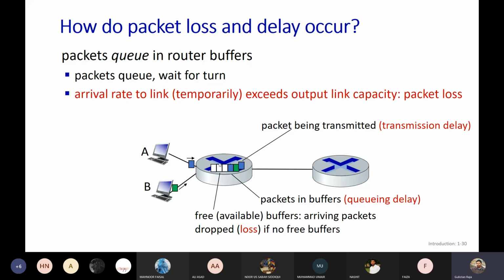If free space is available, then packets will be placed in these buffers or queue. Sometimes we call it a queue. And if there is no space available in the buffer, then the arriving packet will be dropped or lost. It will be lost or discarded, you can say whatever you call it. So this is how things are done.